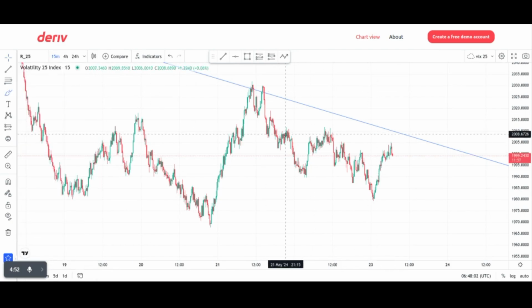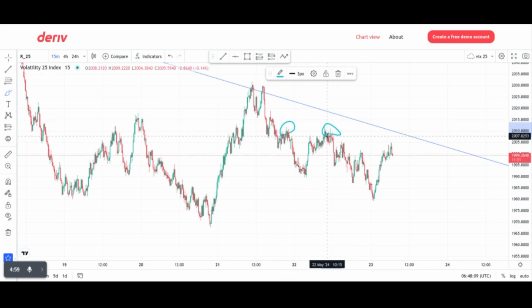Okay, you can see that the market has been struggling to break this high, creating an equal high here. You understand? So with these two equal highs, we want the market to come back there and create the third one, then we make our entry.